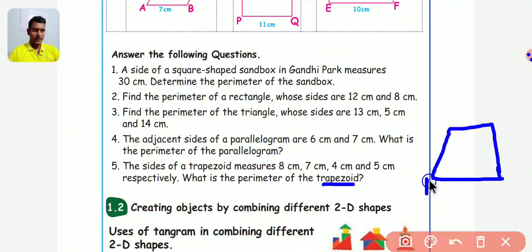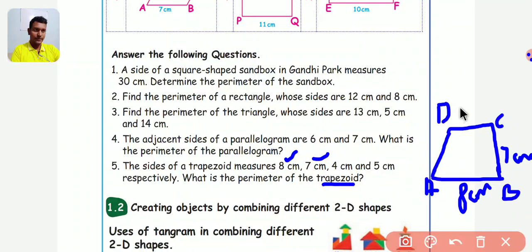I name it A, B, C and D. Okay, AB is 8 centimeter, and next 7 centimeter, and next 4 centimeter, and next 5 centimeter.